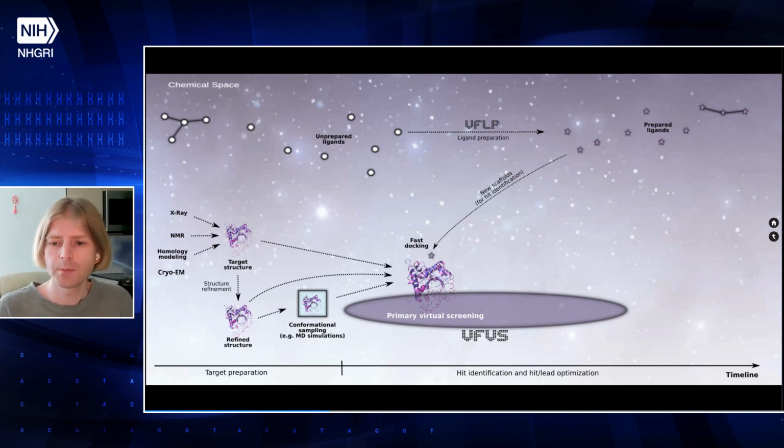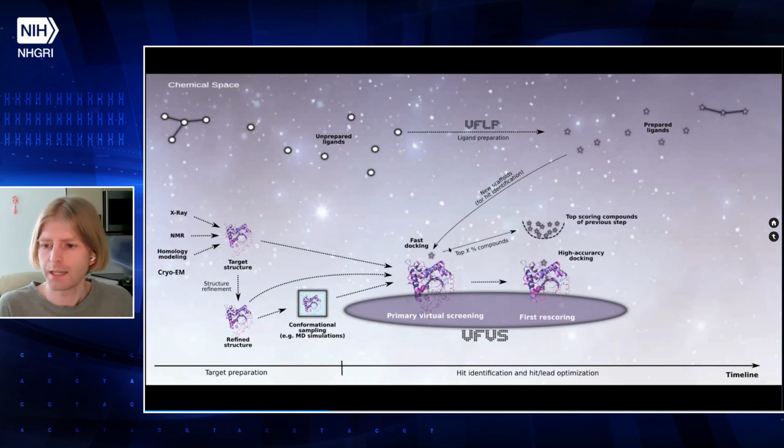If we screen 1 billion compounds or more, we typically use a fast docking program, like QuickVina, for example. But if we want to increase the accuracy, we can do this, for example, by doing a rescoring procedure. So we can take the top few percent of the compounds, like the top 1 million, and rescreen them again with higher accuracy.